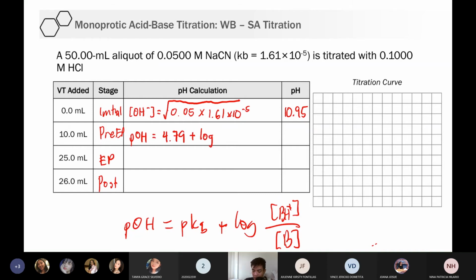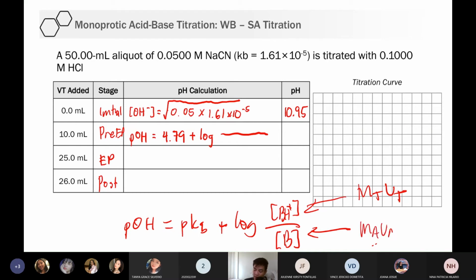Plus log on the numerator. Again, gaano karami yung conjugate acid? That's equal to the amount of titrant added. MTBT. How much base is left? Okay. That's the difference of the base minus the titrant added na.